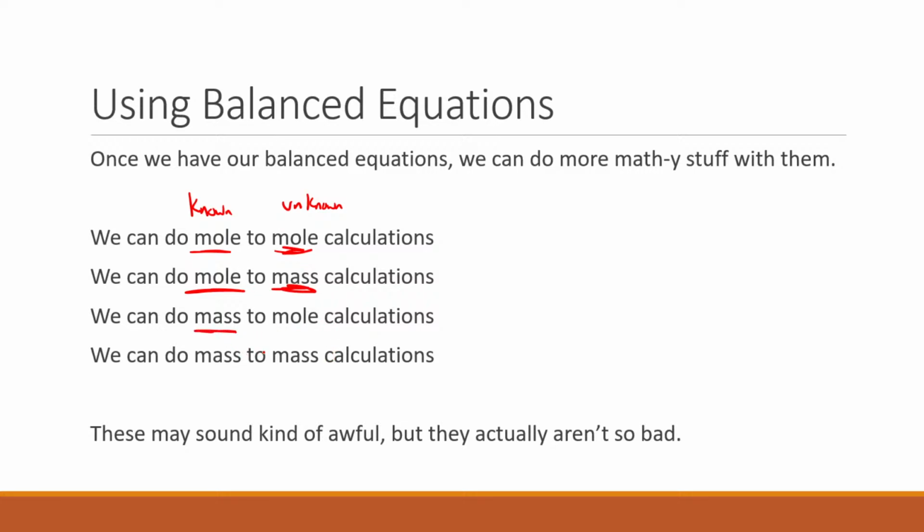A known mass amount and converting it to unknown moles. And then we're going to leave this one out because it's more on the AP level, but there is also the possibility of going from known mass to unknown mass. And we're going to look at them in terms of easiest up top down to most difficult. And do a couple of examples with each of these 3 things.